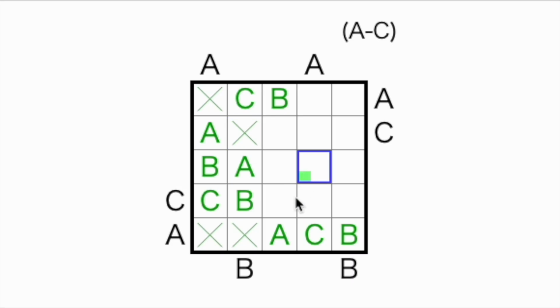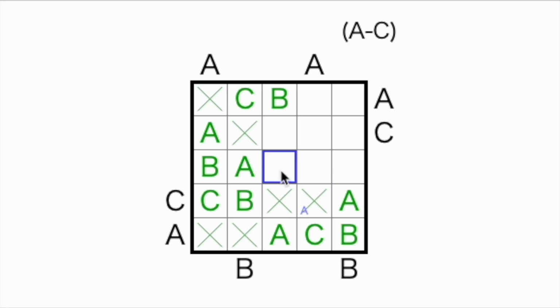That's good. Okay, so now we've got an A to put in this row. It's in one of those two, but not this one, because that would break this A clue up here. That would be too late. So we've got the A, A here. This one is not a letter. This one is not a letter.